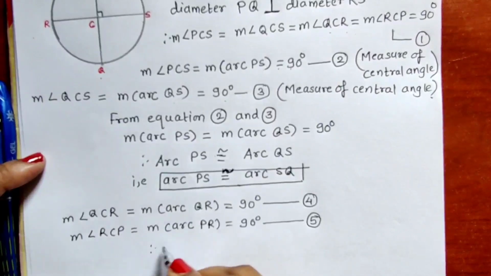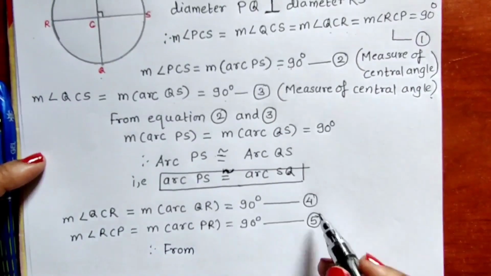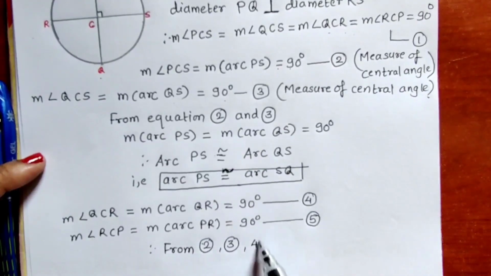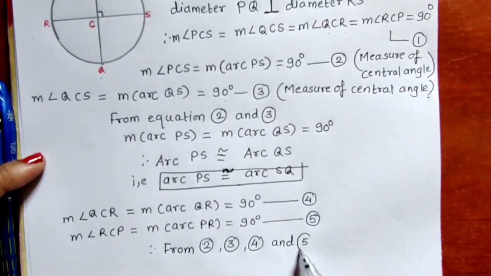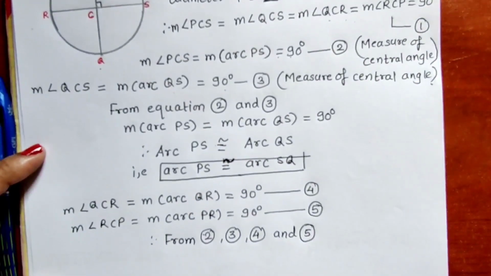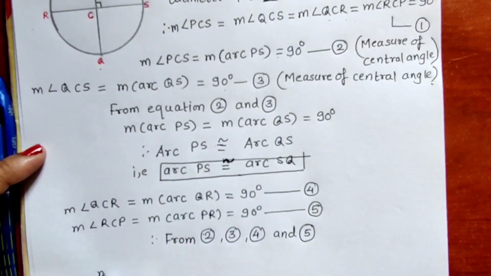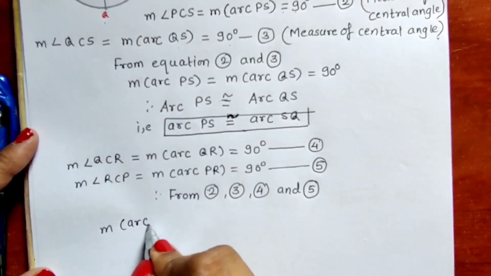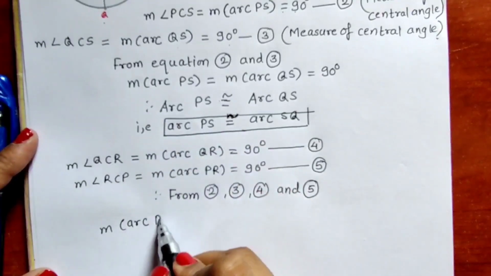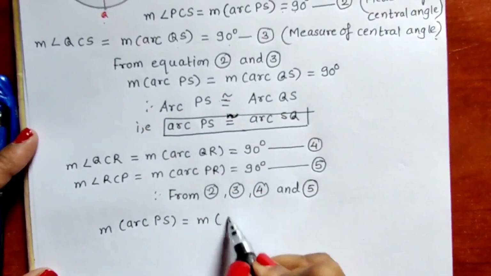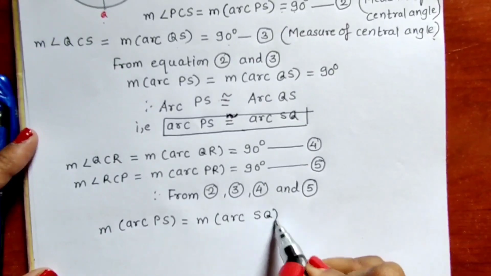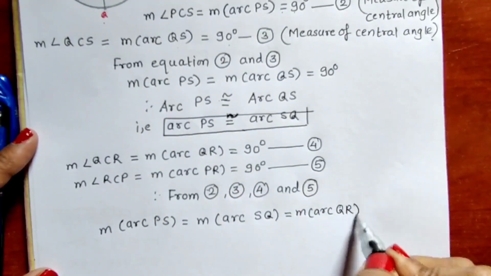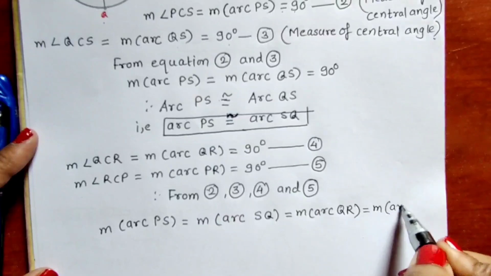Therefore, from 2, 3, 4 and 5, we can write major arc PS is equal to major arc SQ is equal to major arc QR is equal to major arc PR.